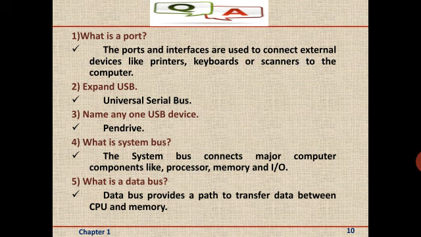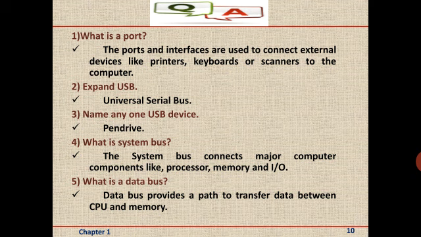Third question is, name any one USB device. USB device example is pen drive, digital camera or web camera. Fourth question is, what is system bus?